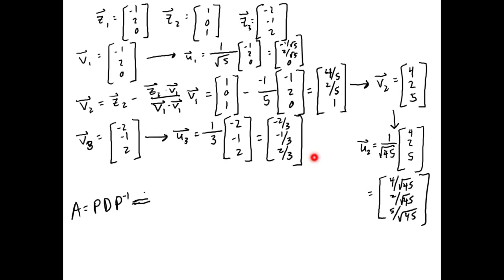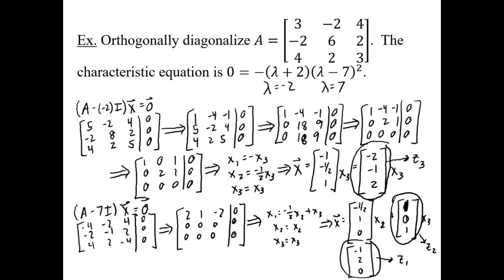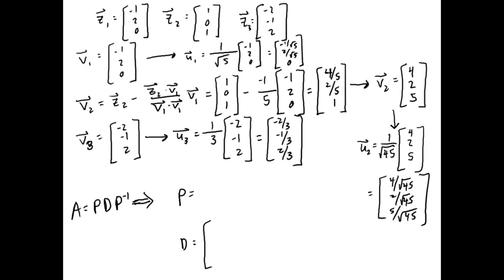I basically just have to state what is P and what is D. So let's remember that D was the diagonal matrix where the diagonal entries were those eigenvalues. And let's go way back, it seems like it's been forever. The eigenvalues were negative 2 and 7. Notice that the 7 repeated twice because of that squared there. So D is going to be negative 2, and I'll just put the 7 twice.